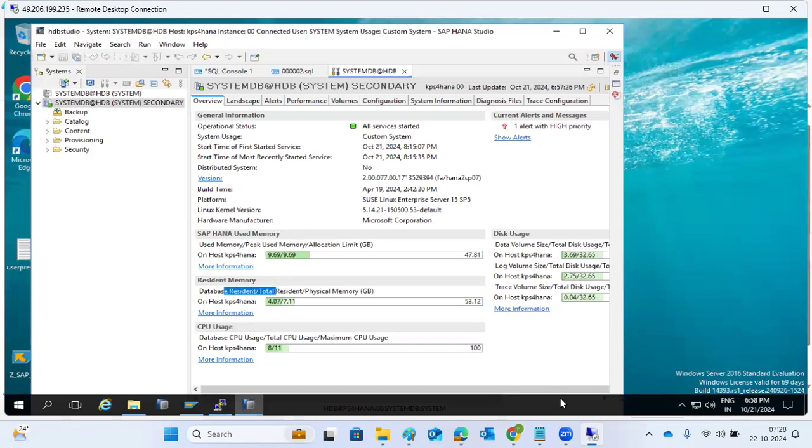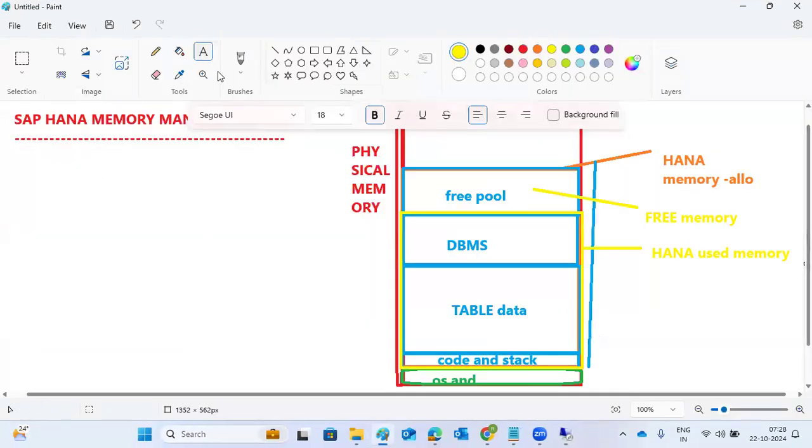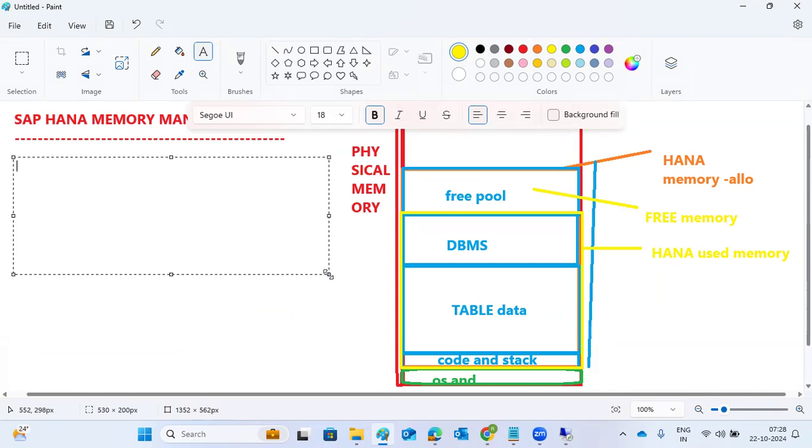But what does resident memory mean? Resident memory means the OS plus HANA used: the memory the OS is currently using plus what HANA allocated.